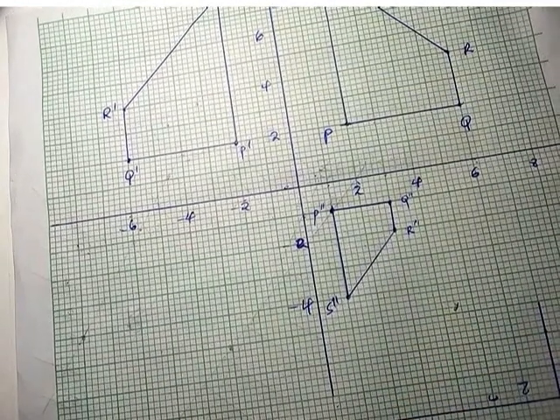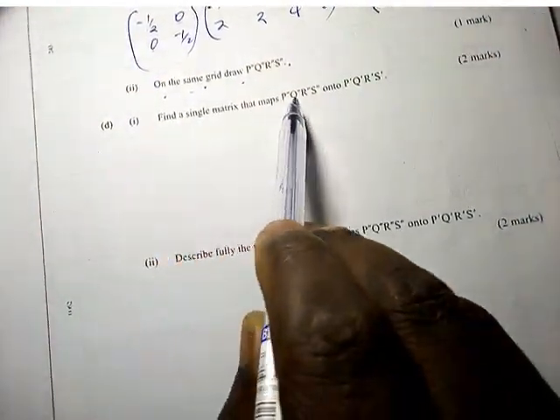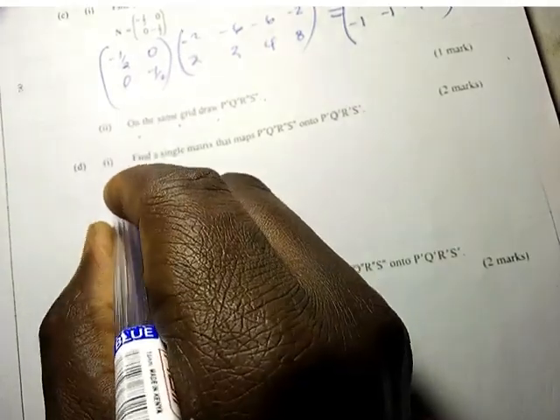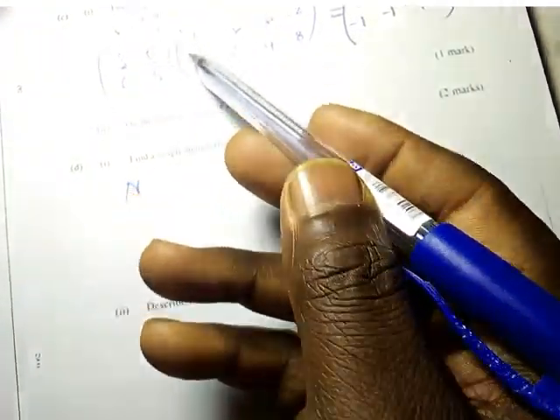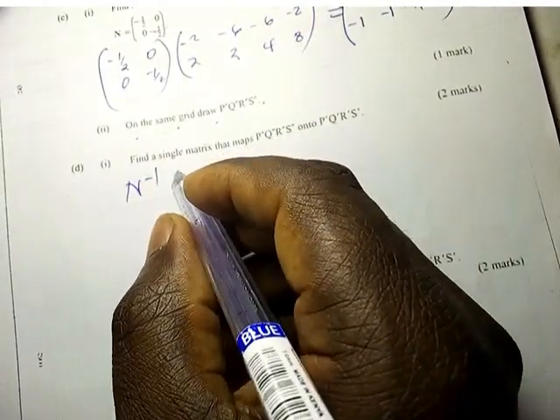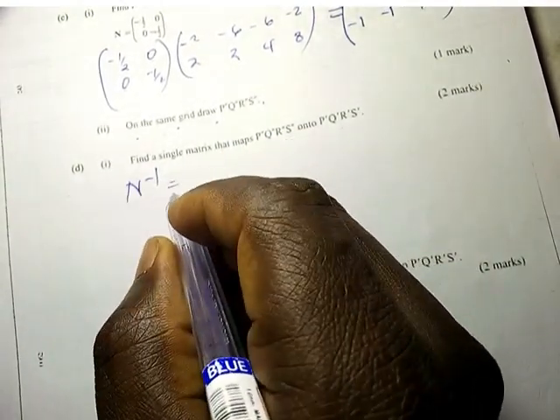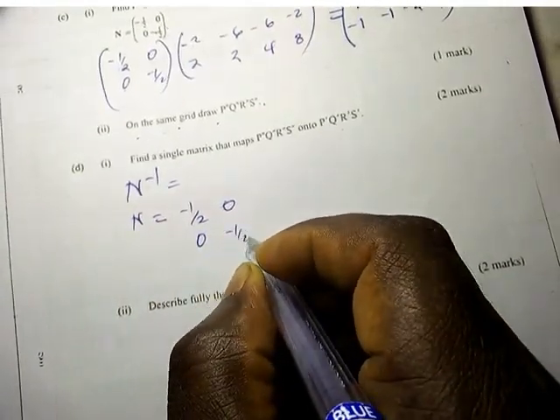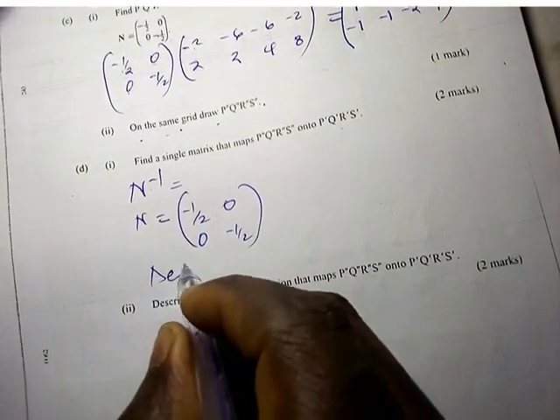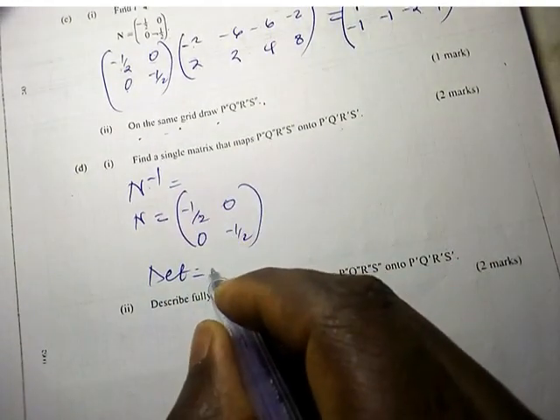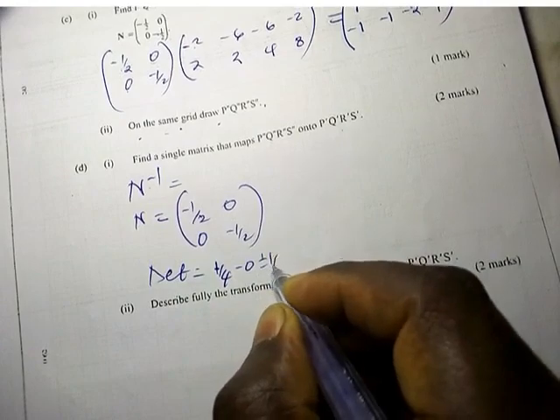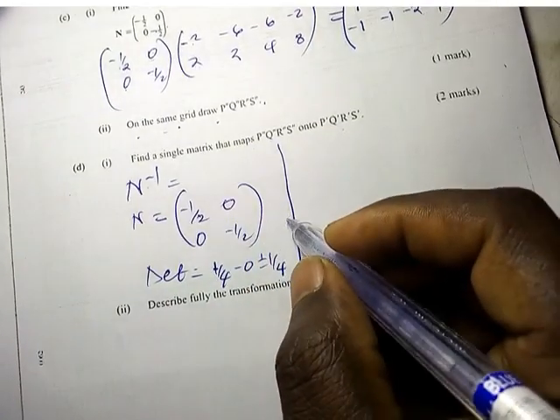So now the next question is, find the single matrix that maps this onto this. So to do that, you find n inverse, and you are done. So n is equal to negative a half, 0, 0, negative a half. So you get the determinant. This times this, we will have a quarter minus 0. So the determinant is a quarter. And the inverse of a quarter is 4.